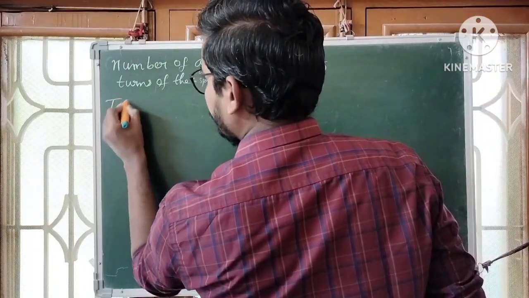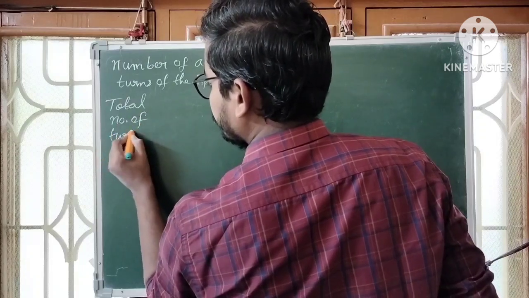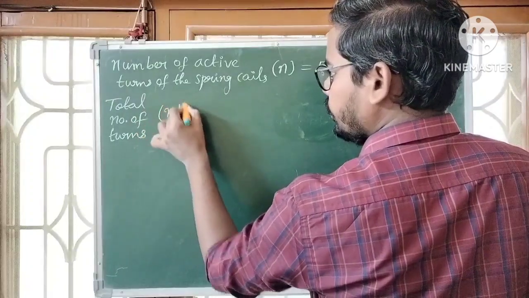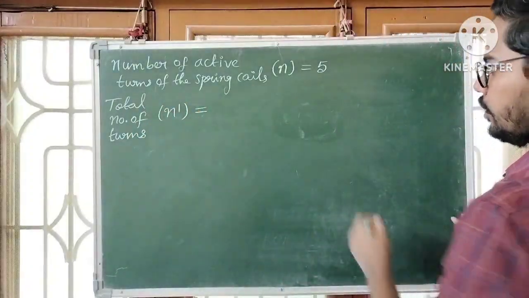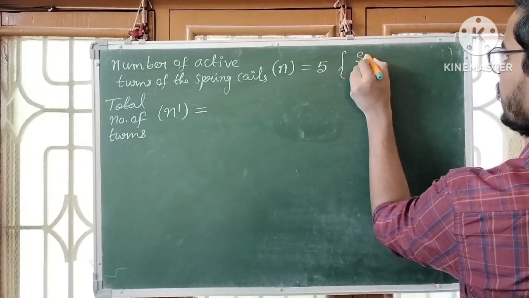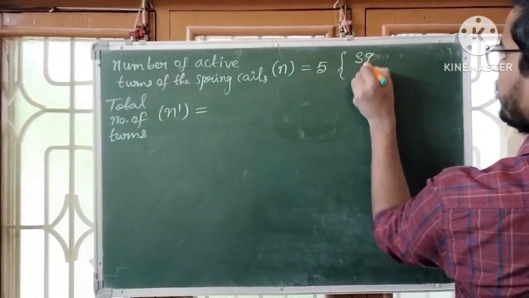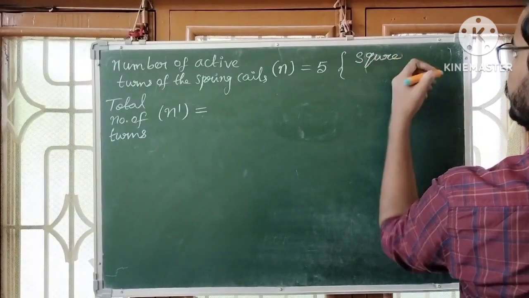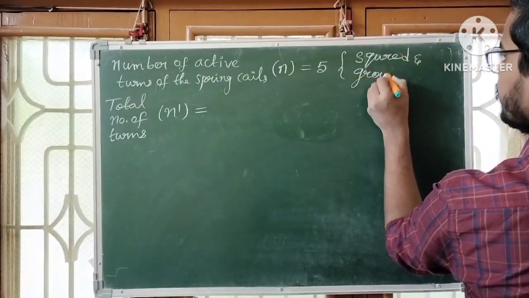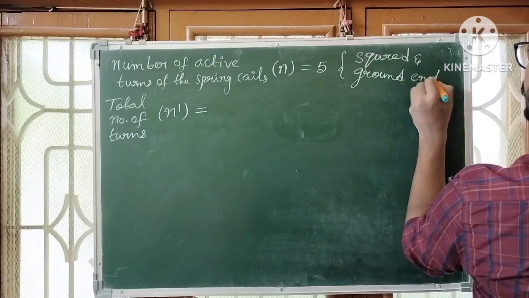Suppose we need the total number of turns, denoted by n dash. Let us assume the helical spring has squared and ground ends.